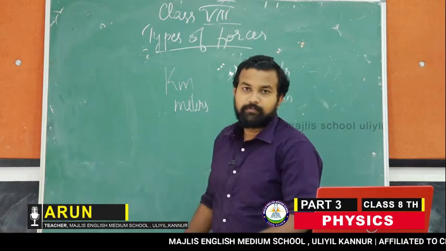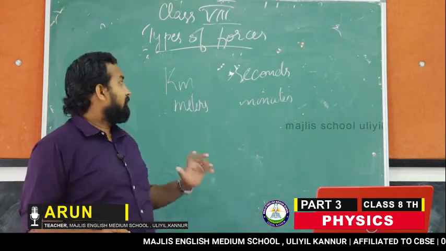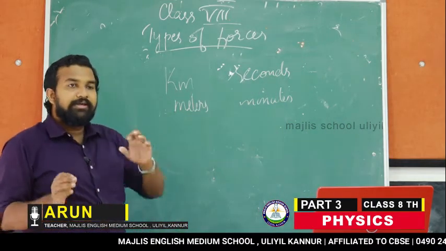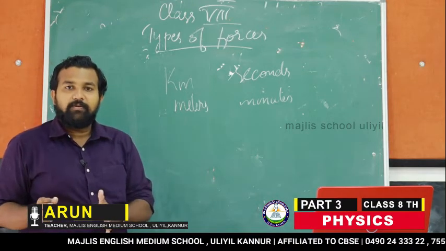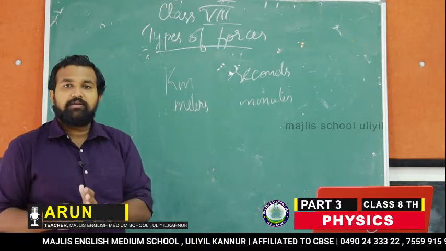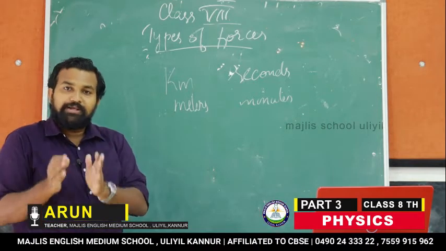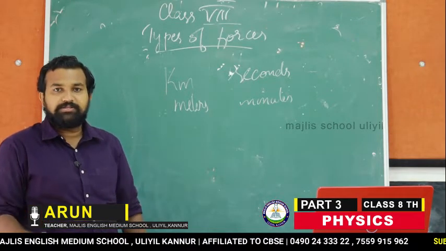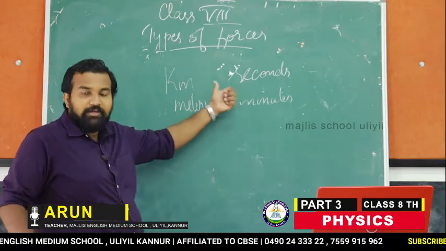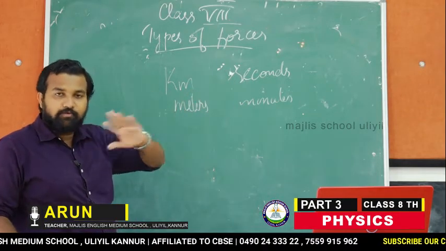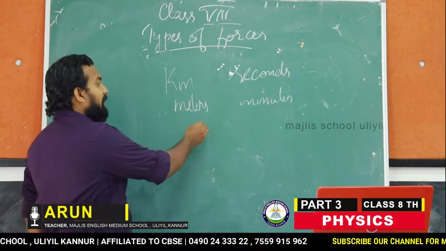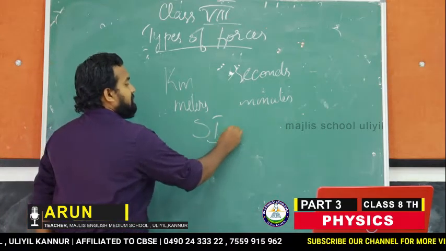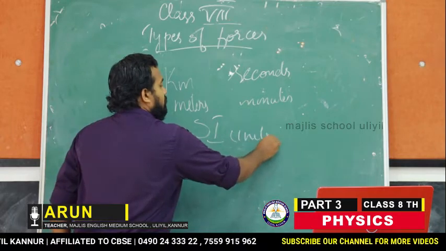or hours. Likewise, here also, some standard units are universally applicable to all the measurements. Whether it is time, distance, or length, whatever it is, there will be some standard measurements. Those standard measurements are called SI units.